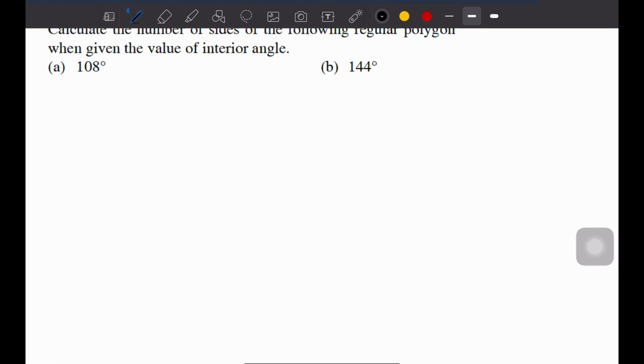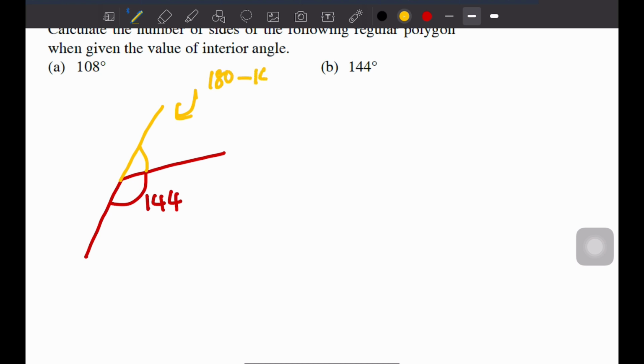Let's do the next one, 144. Same thing. For example, I draw it like this. Over here you have 144. Extend this line to find the exterior angle. Over here it is 180 minus 144, so you will get 36.